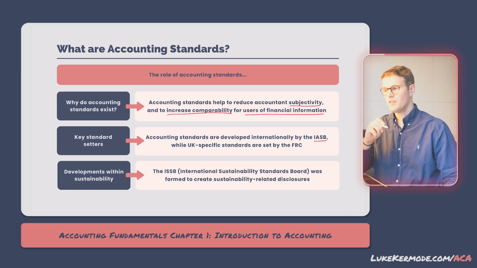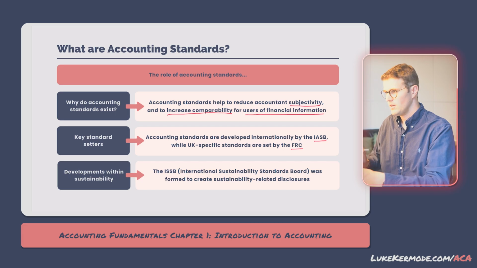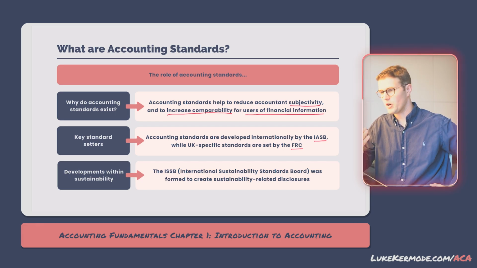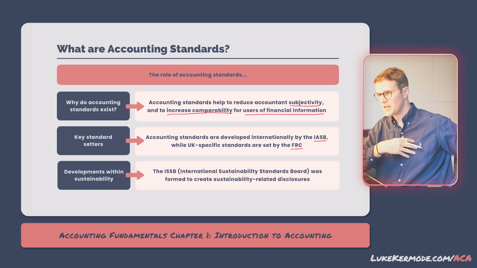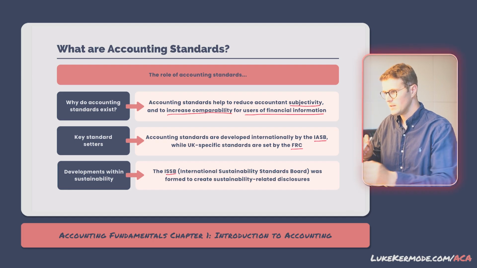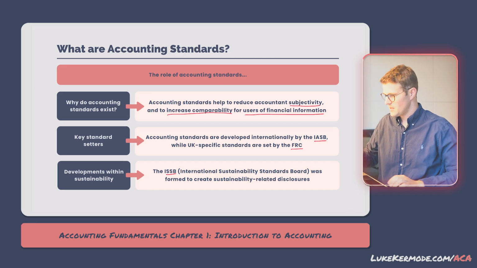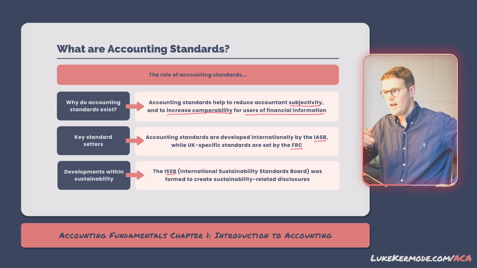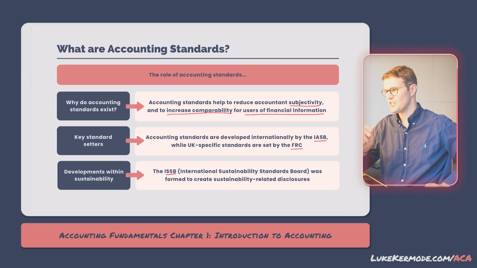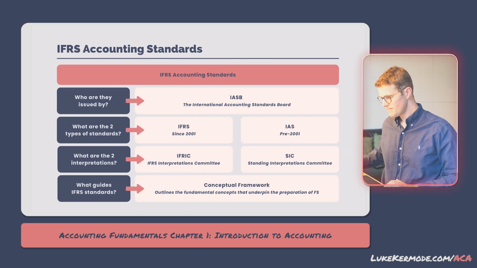In the UK, the Financial Reporting Council issues UK standards like FRS 102. And then in sustainability reporting, the ISSB has been formed to create rules for ESG reporting. So together, all of these standards help ensure that financial reporting is reliable, transparent, and useful.